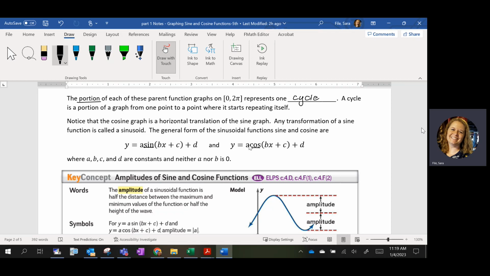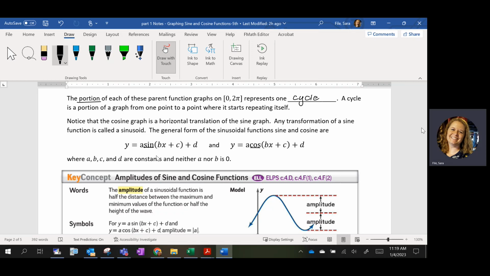So if the trig function itself is being multiplied by something, that's your A value. Inside the function is B, as a coefficient on your x, or sometimes we'll use theta there. If you have a coefficient inside the function, part of what you're taking sine or cosine of, that's the B value.